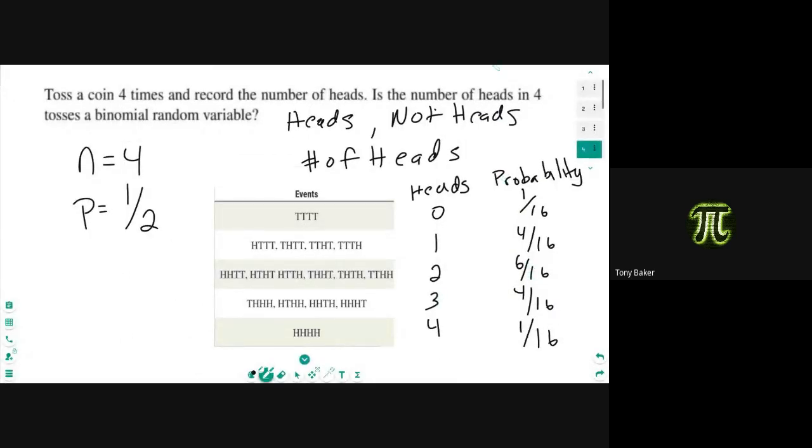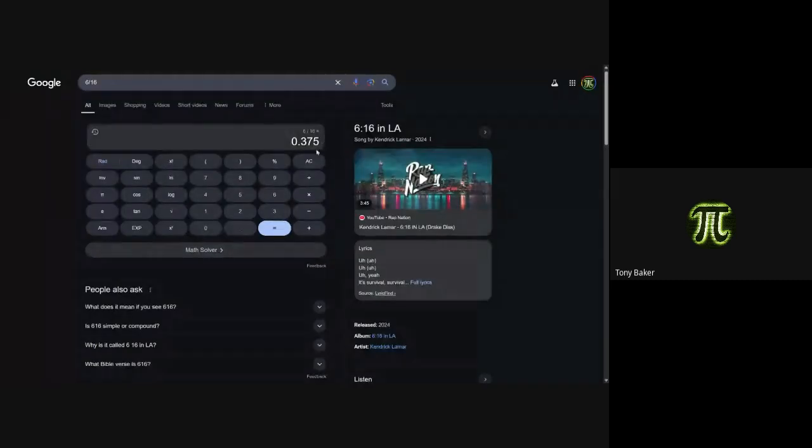So the probability of getting 2 heads is 0.375. All right. So 2 heads was 6 out of 16. And if you divide that, you get 0.375.